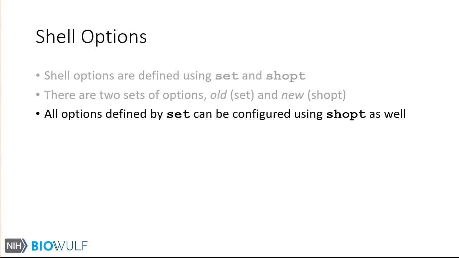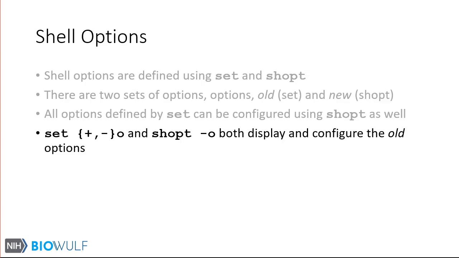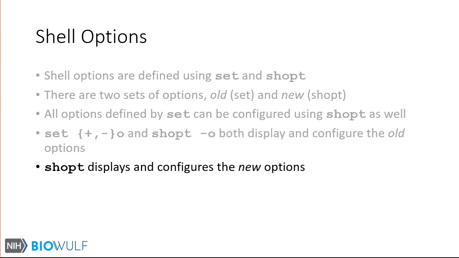Because Bash inherited the old options from the Bourne shell, all of the old group options can be configured using shopt as well. Old options are displayed and configured using the set command with either the +O switch or the -O switch. The same old options can be displayed as well with the command shopt -O. The new options are displayed and configured using the shopt command alone.